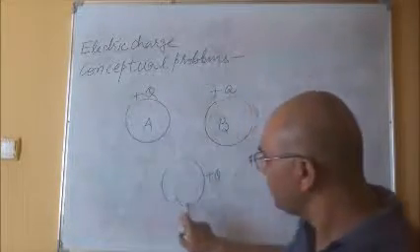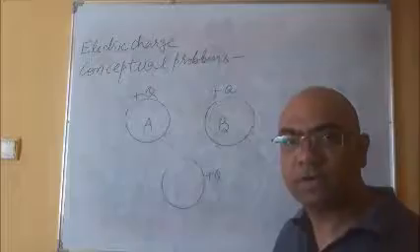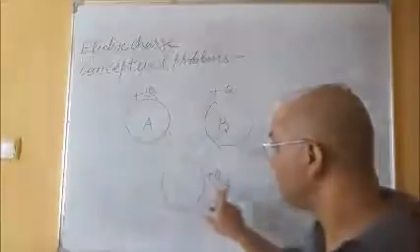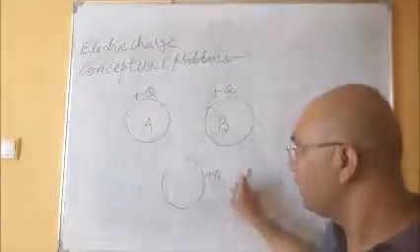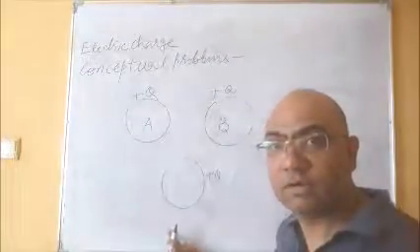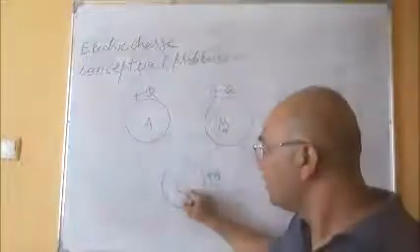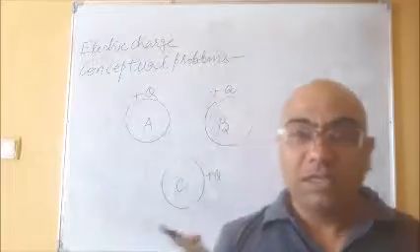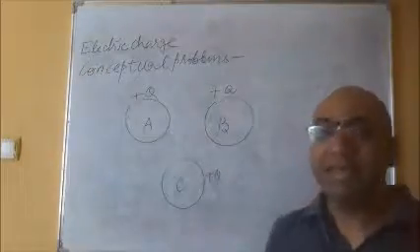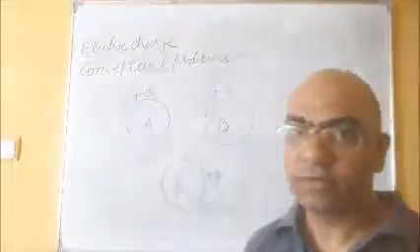I am not distributing it uniformly on the sphere, but you can assume that this plus Q charge is distributed on the outer surface of all these spheres.